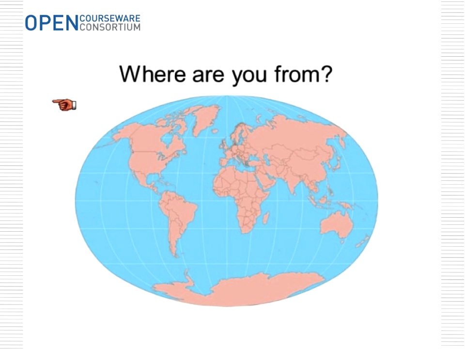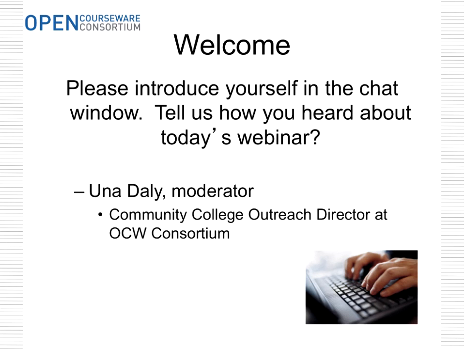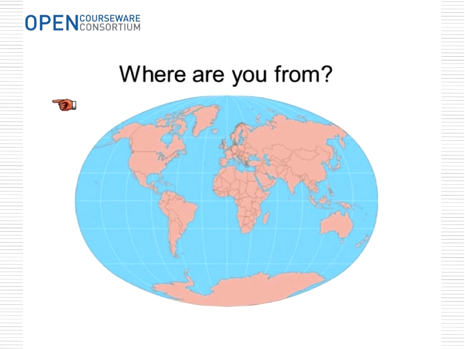The tech support at CCC Confer. If you just give me the number, I can call them myself. Sure. The number is 760-744-1150, and the extension is 1537. Okay, I'll give them a call then. Thanks.